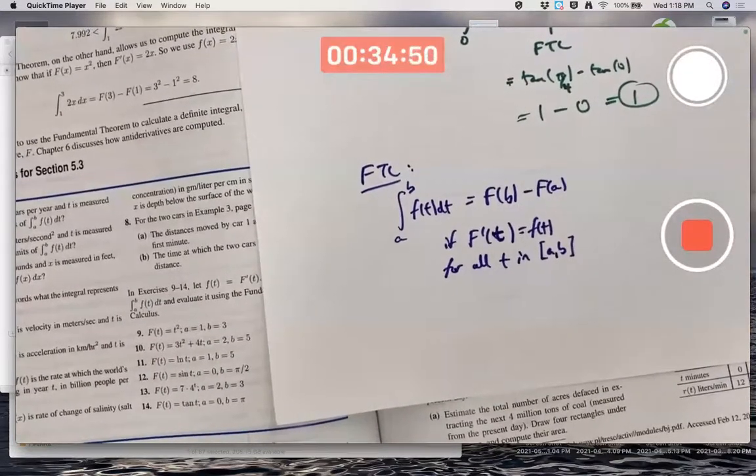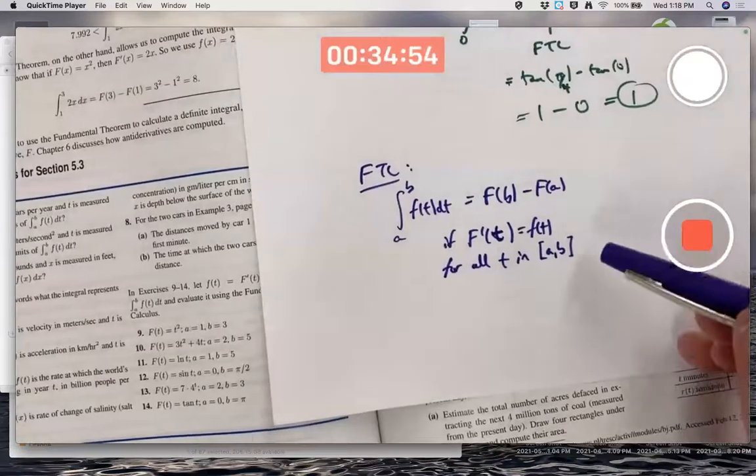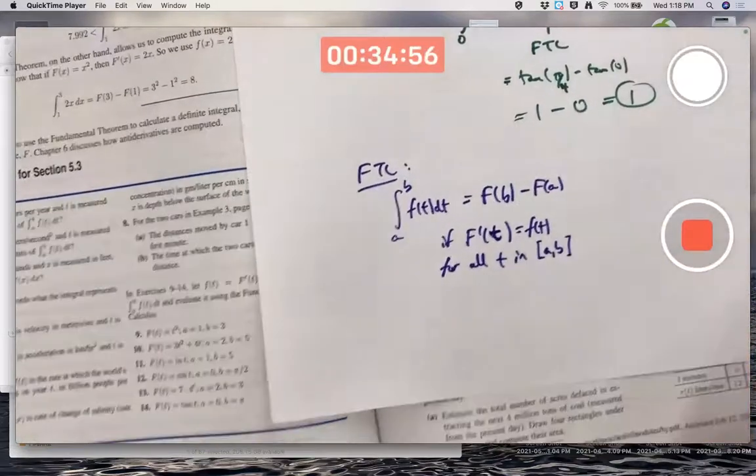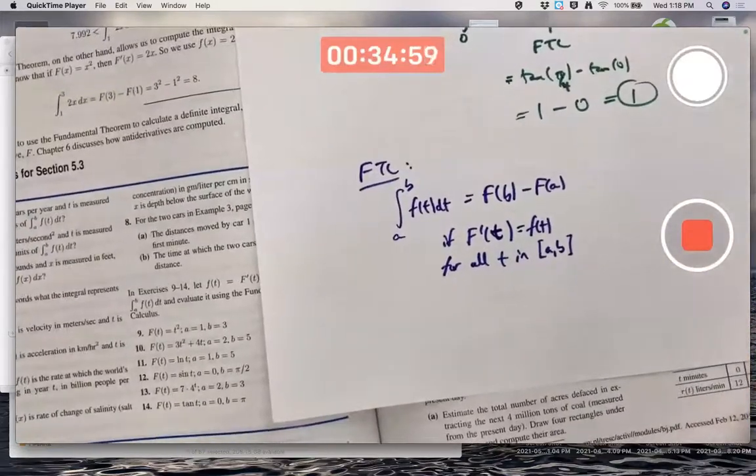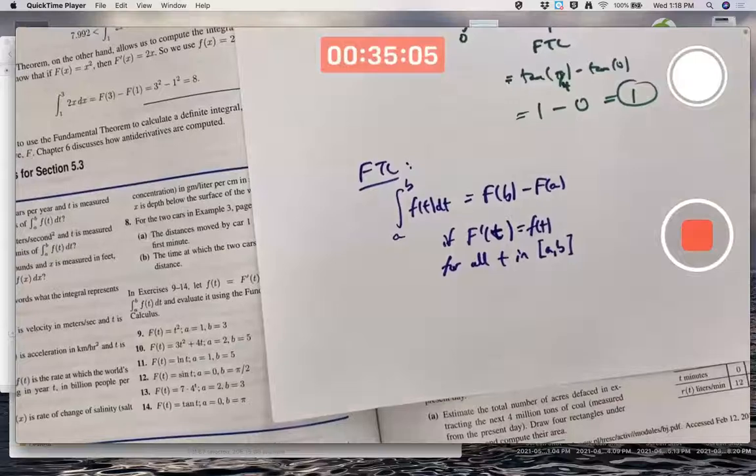If little f has an antiderivative, call it capital F, we can find this integral by doing this difference. This is, like I said on Monday, astonishing. You don't have the experience to appreciate how astonishing this is.